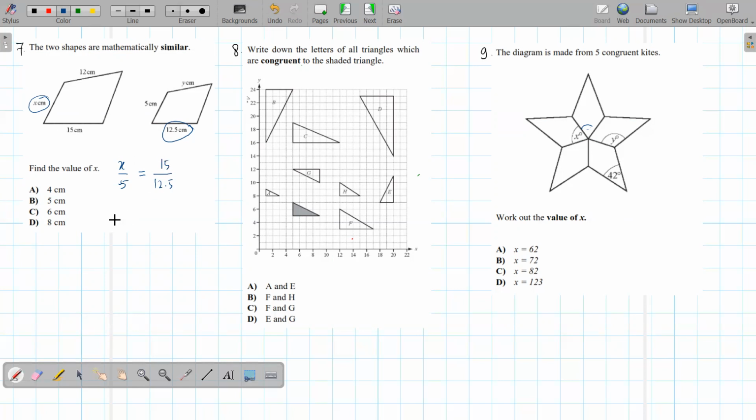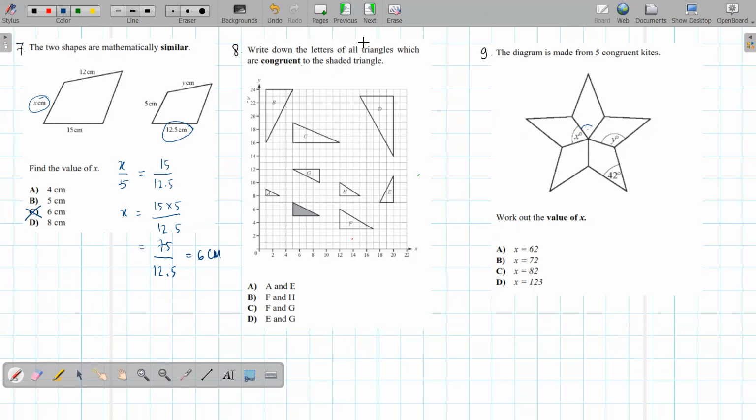So x equals 15 multiplied by 5 over 12.5. 15 multiplied by 5 is 75 over 12.5, so it will be 6 centimeters.